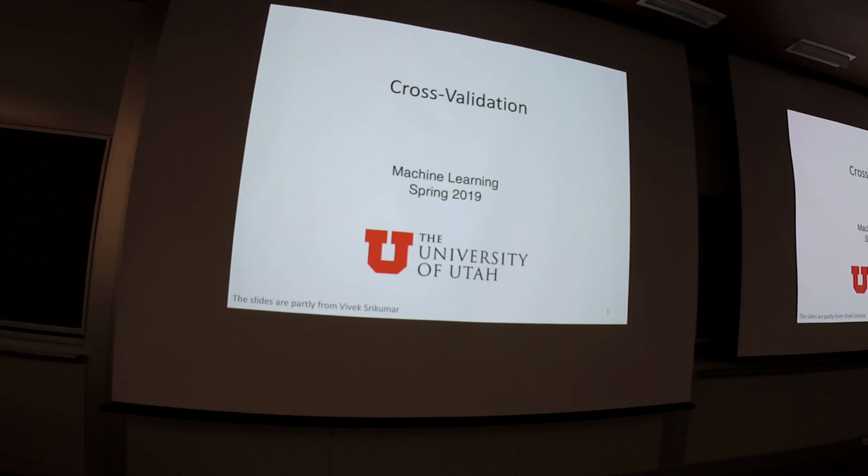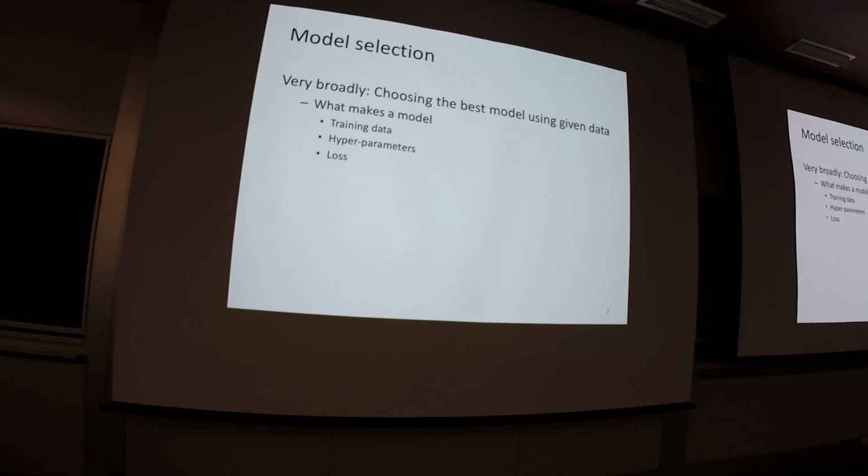Okay, so let's first talk about cross-validation. As I just mentioned, we have seen and implemented quite a few learning algorithms. So very broadly, what makes a machine learning model that can be applied in your prediction task or your data analysis task?